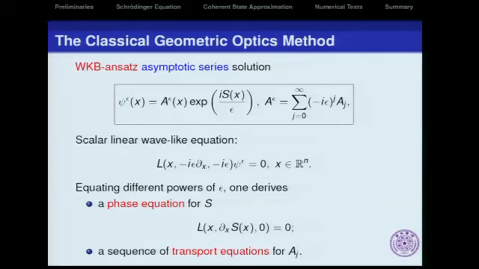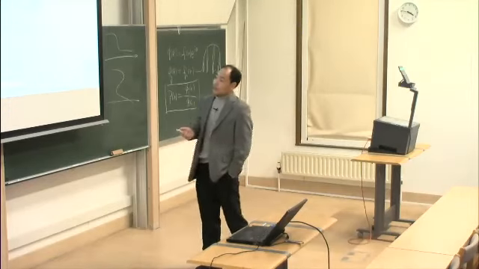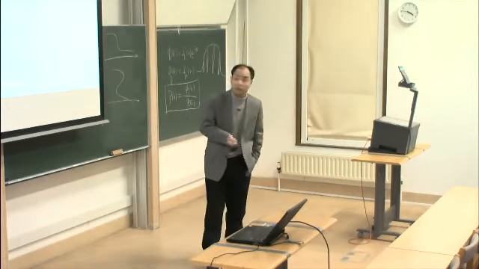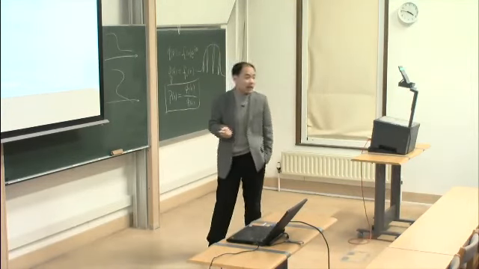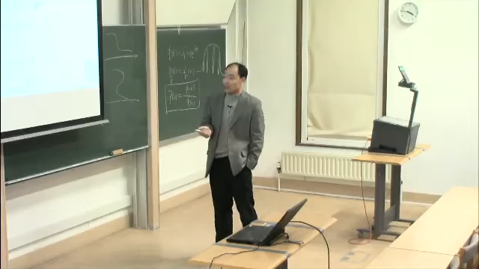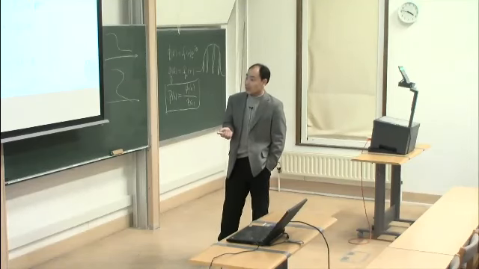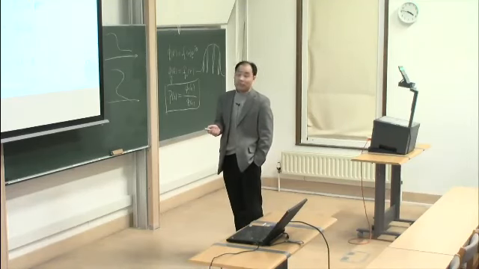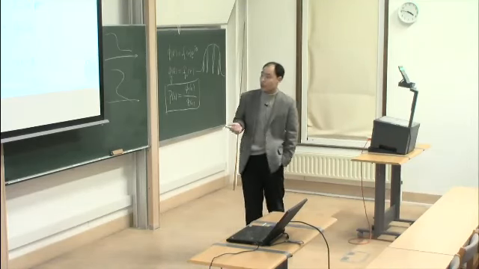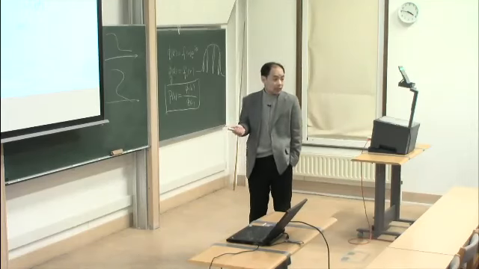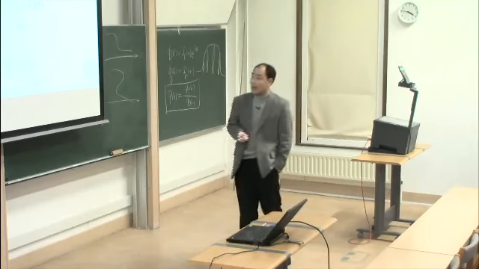In principle, if you solve this phase equation to derive the real phase function S, after that you can solve this sequence of transport equations one by one. First you get A0 and then you get A1.